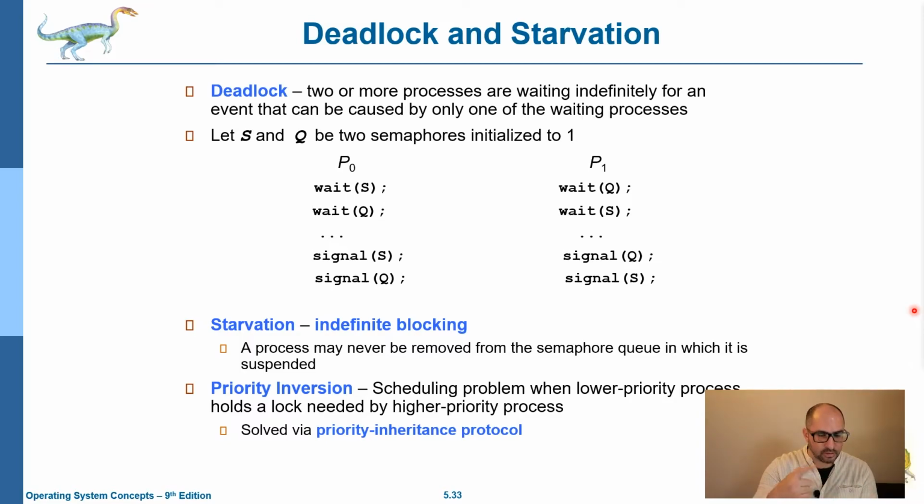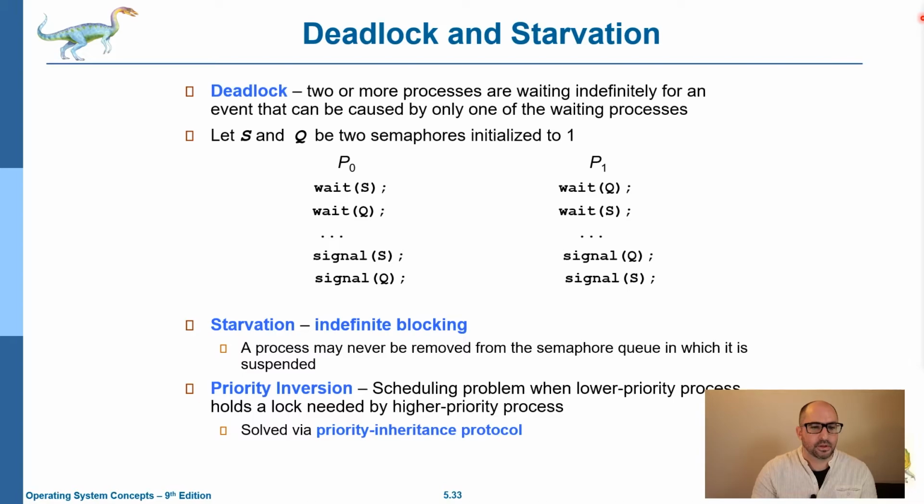And if it was in a tight loop, as we've seen in our examples, then that process would continually wait on the semaphore, signal the semaphore, which would in turn just signal itself when it went back to get the next resource. So in that way, it would starve anyone else waiting on that semaphore if we used the wrong queuing policy. So that is a problem with a semaphore.